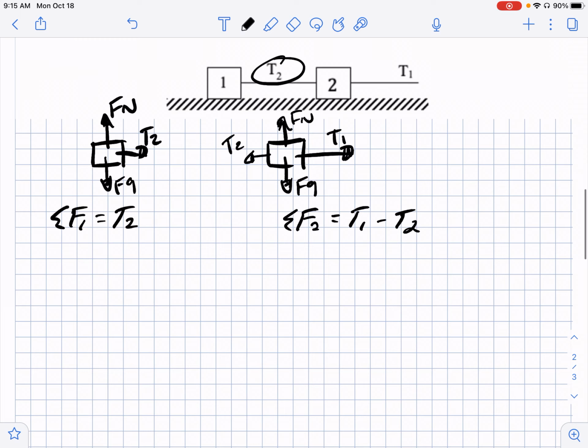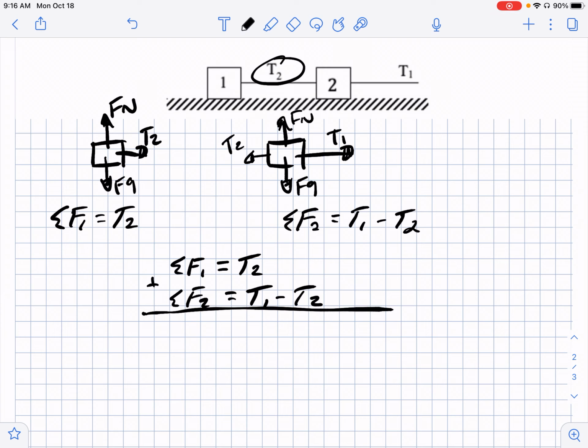And to do that, what we'll do is we'll take the net force equation for object 1. It was equal to our T2. And we have our net force equation for object 2, and it is equal to T1 minus T2. And we're going to add those together. And by adding those together, if you look at the right side, you have T2 plus T1 minus T2. Well, that's going to cancel. And so on the right side, you're just going to be left with T1.